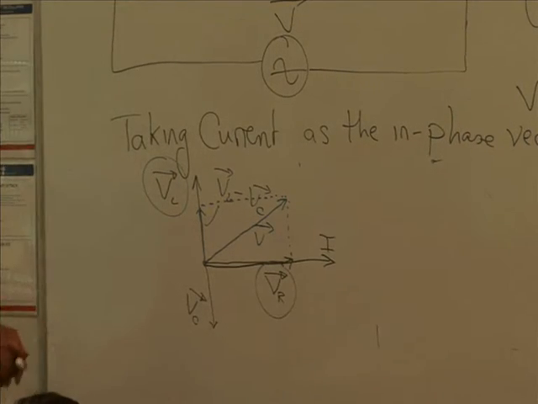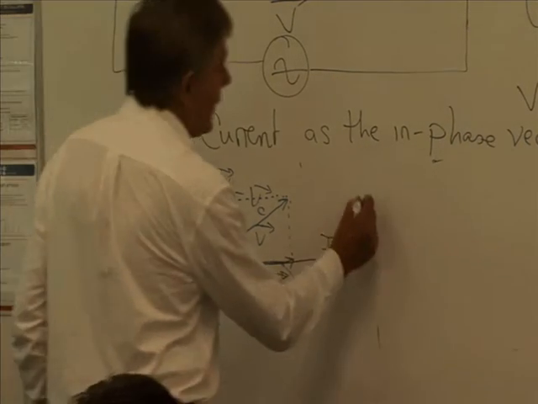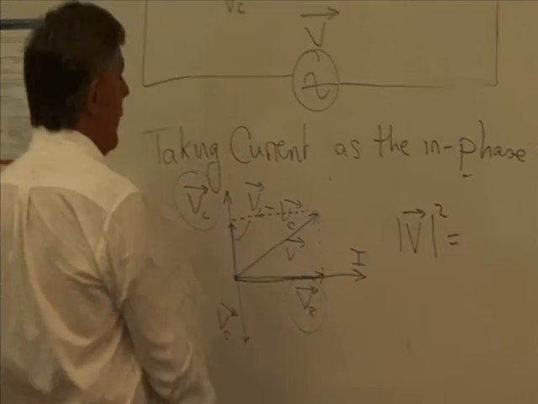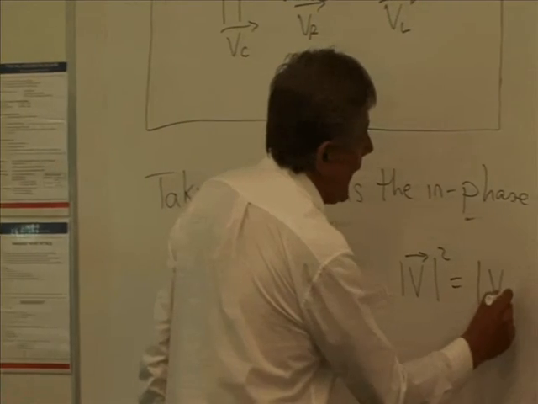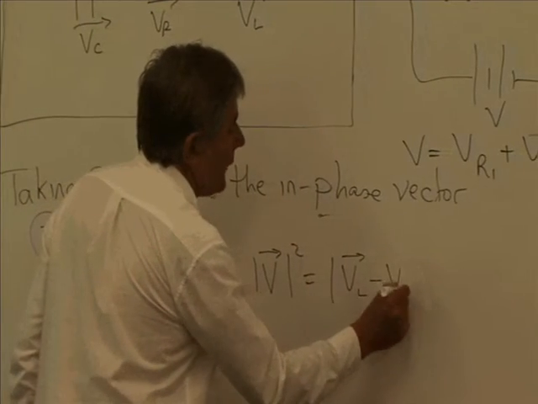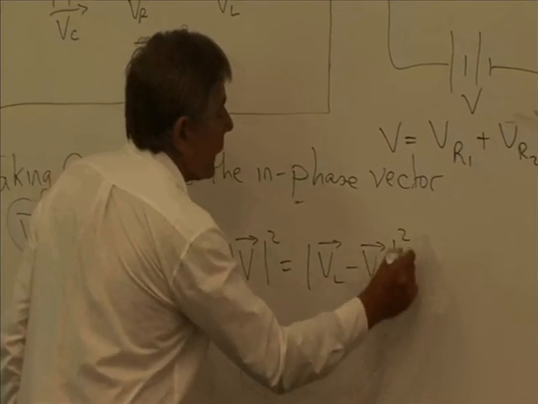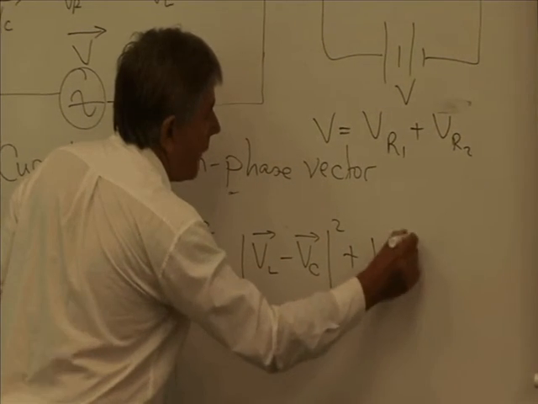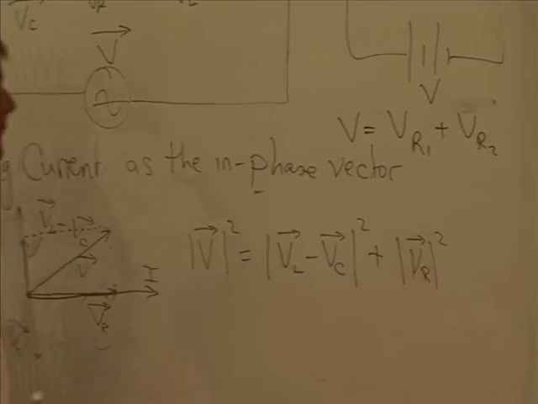So what can we say? We can say that V squared, the magnitude of the vector V squared, equals the magnitude of VL minus VC squared plus the magnitude of VR squared.